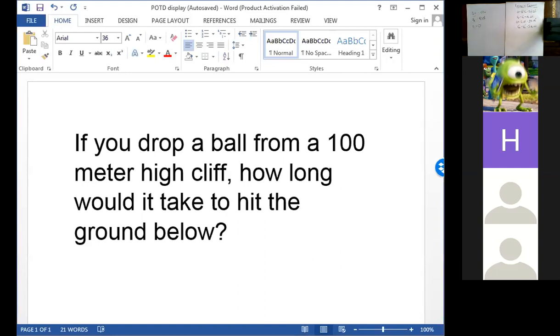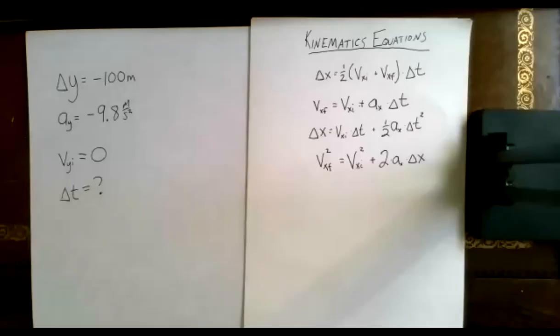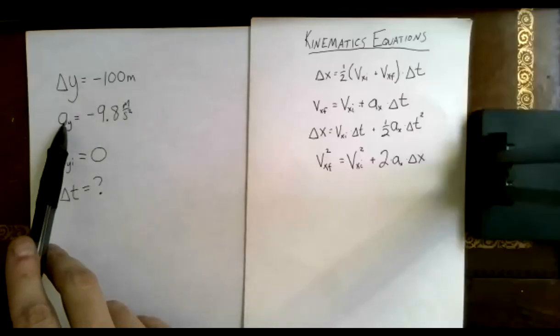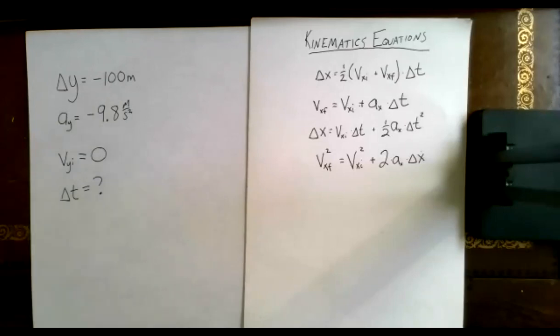What's the unknown that I'm looking for? Time. Right, the time. How long does it take, it says, right? Okay, so I have my delta y. I've got acceleration, vyi, and delta t.